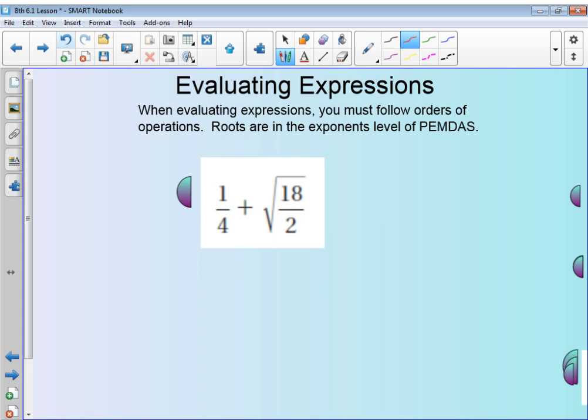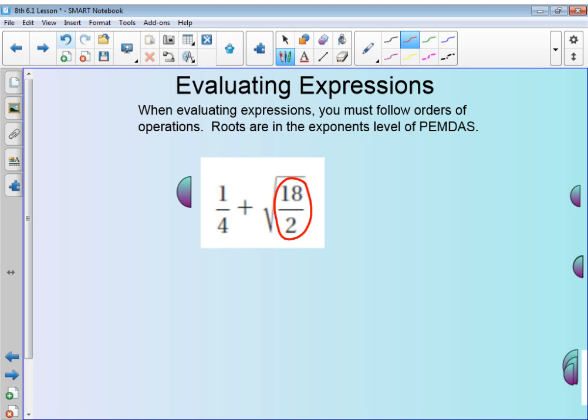So when we go through to do these, we've got 1/4 plus the square root of 18 over 2. So 18 over 2, I could go through and simplify those, but here's the one thing I do want to tell you. If you can see that within this, you can reduce the fraction, you need to do that. We have not practiced the square root of 2. That is not a perfect square.